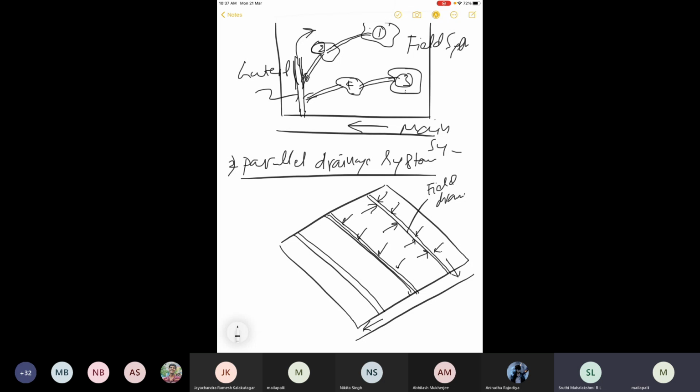So this is the field slope, right? We are going to cut down the field slope by installing the field channel. This is the most effective method for surface drainage system. One characteristic you can see is the ditches are parallel to each other, that's why we call it the parallel drainage system.